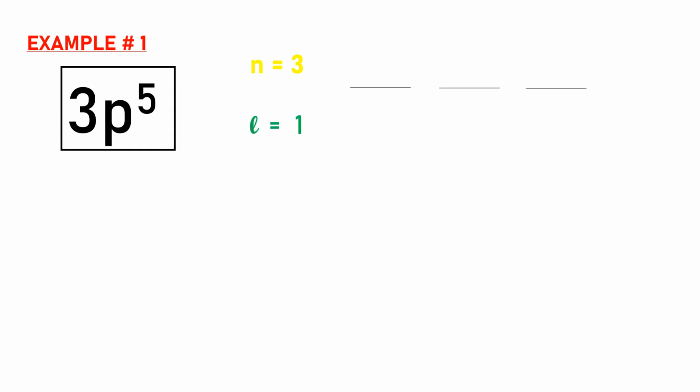And L, since you're talking about the P orbital, the L here is equivalent to 1. So it is ranging from -1 to +1. So -1, 0, +1.